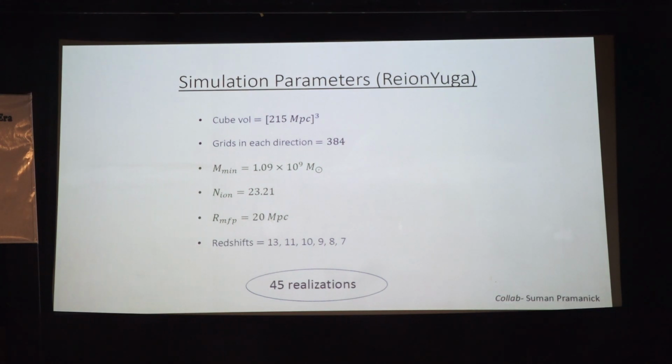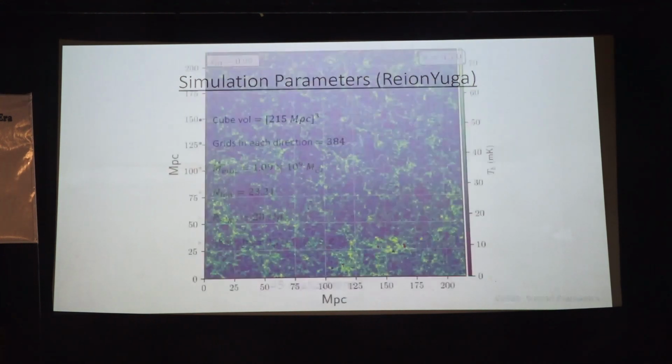We generated this data corresponding to 6 redshifts, from redshift 13 to 7. We have taken 45 realizations of each redshift, and we have also generated data for real space and redshift space. This work has been done by Suman Majumdar here.